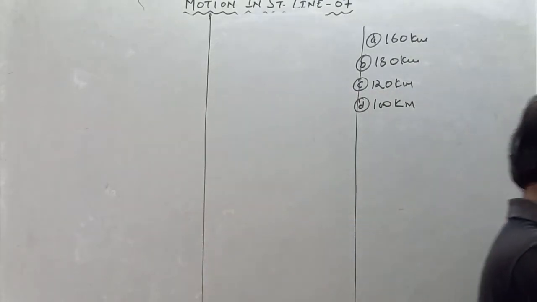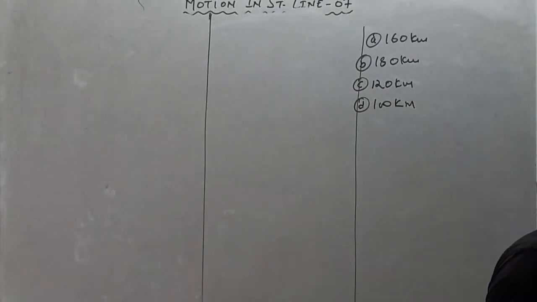I am repeating once again. The velocity of a train increases uniformly from 20 km per hour to 60 km per hour in 4 hours.